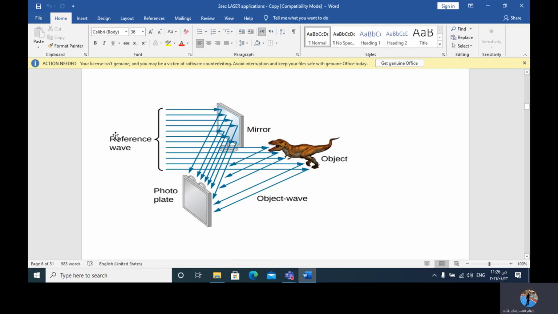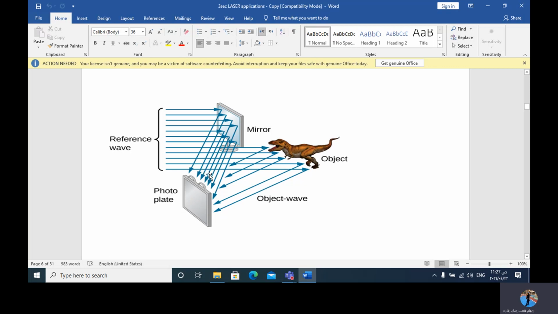This is how a hologram is formed. You have the laser beam, coherent waves. They split into two beams. One beam is called the reference beam, does not hit the object, but it hits the mirror and then is reflected to the photographic plate. And the other beam, coming also from the laser and having the same wavelength, hits the object and then is reflected to the photographic plate.